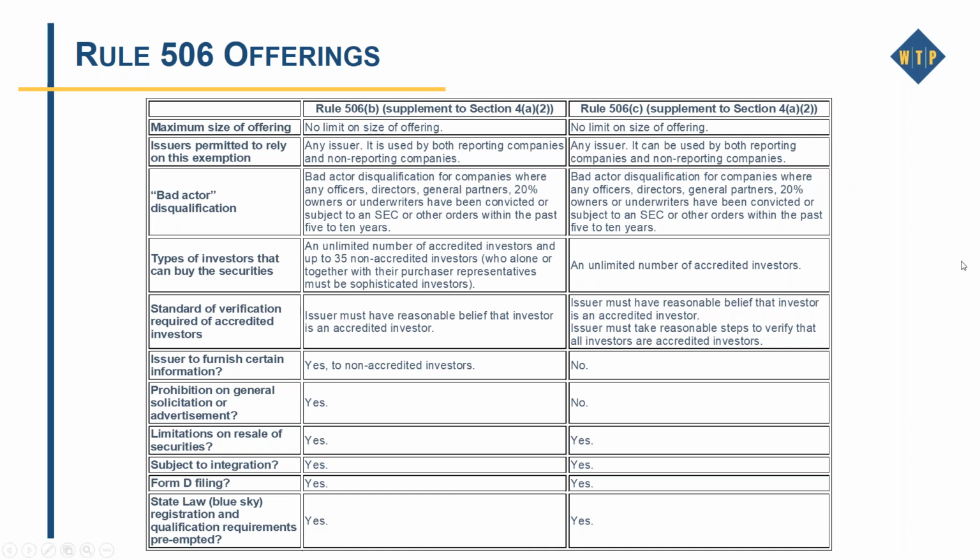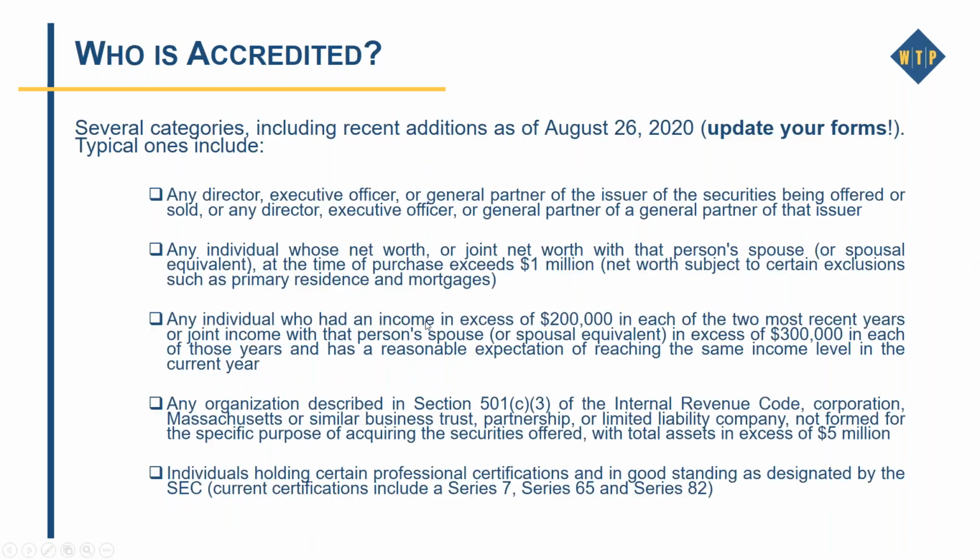506C, on the other hand, no non-accredited investors. You can only offer to accredited investors. And in terms of who's accredited, we've got directors and executive officers, people involved in that business.